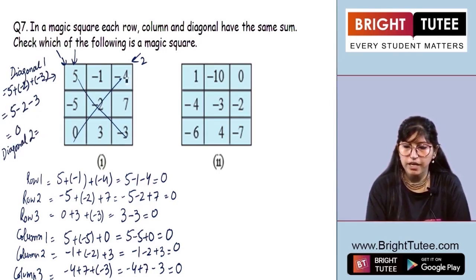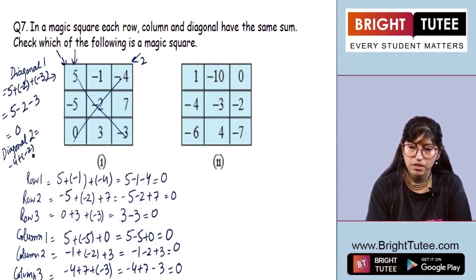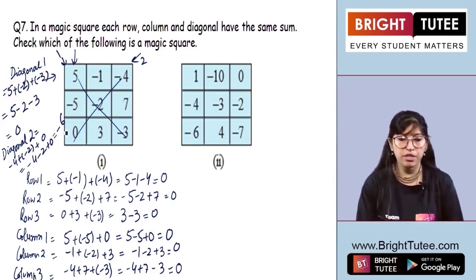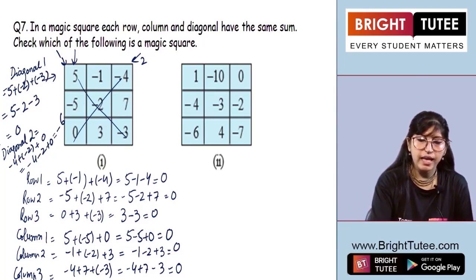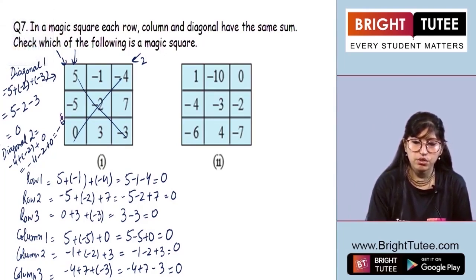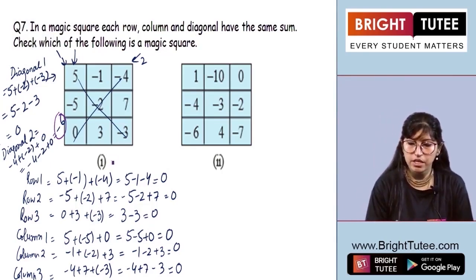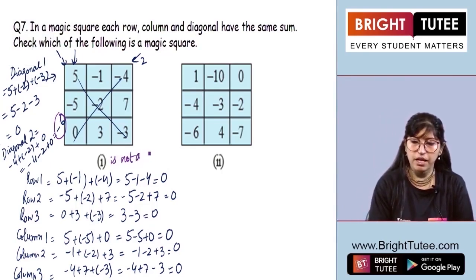We'll be getting minus 4 plus minus 2 plus 0, which will be minus 6. Now all the things are the same, but we cannot get diagonal 2 as 0. Since we don't get diagonal 2 as 0, we can say that the first one is not a magic square.